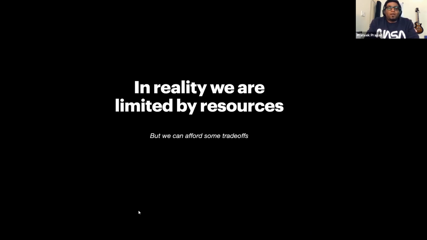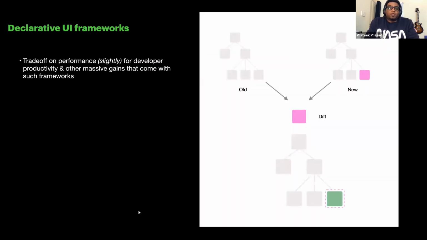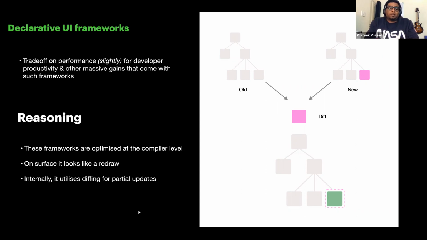And while we don't have infinite resources, we can afford some trade-offs. So declarative UI frameworks trade off on performance slightly to offer the great developer experience and other advantages that Joe mentioned earlier, like proper state management model and unidirectional data flow. And the reason why these frameworks can do so is because they are optimized at the compiler level.